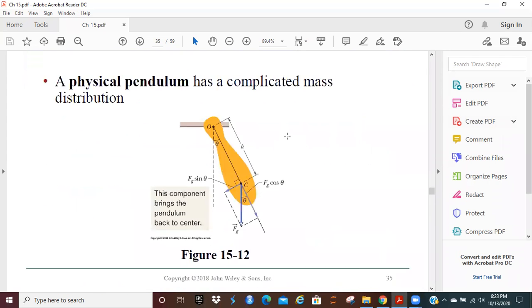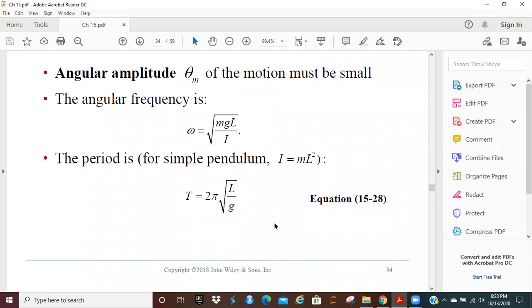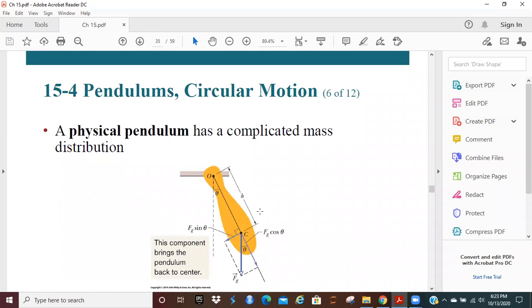This length L, which normally on the bob would go all the way down to mass M, which is considered small enough to almost act like a center of mass, is in this case replaced with a length h, which goes down to the center of mass.